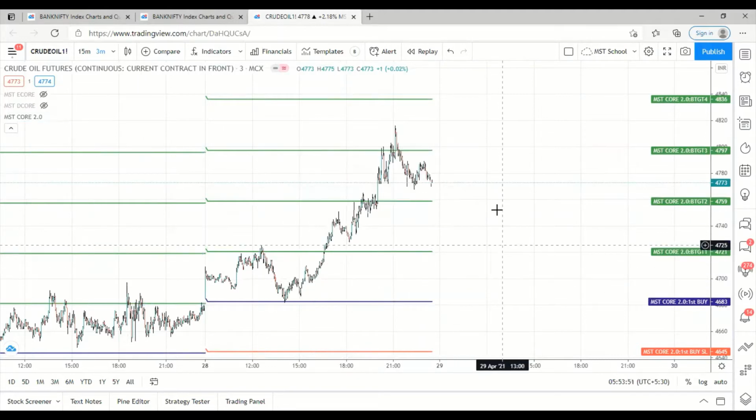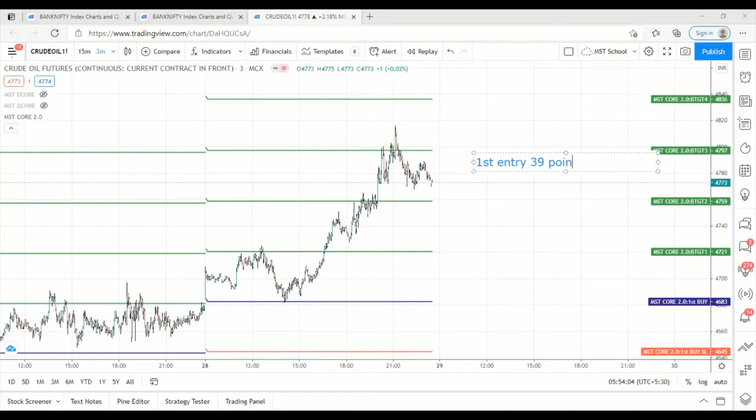Yesterday we have seen, so what is the profit you have got? The profit for the first entry, we have got 39 points. In the second entry, we have got a high of 4797 minus 4683.